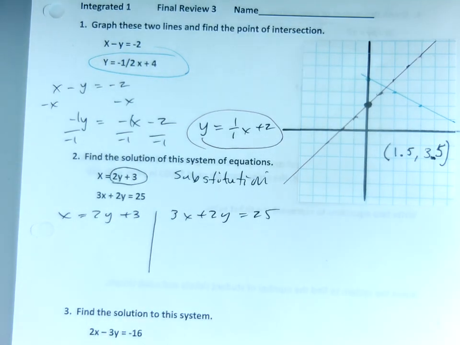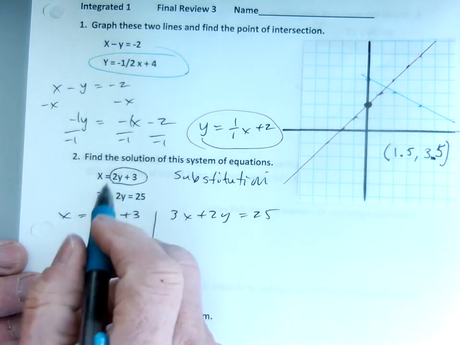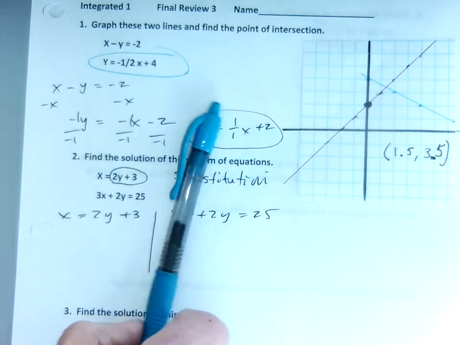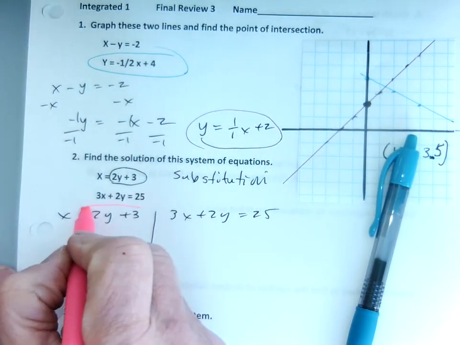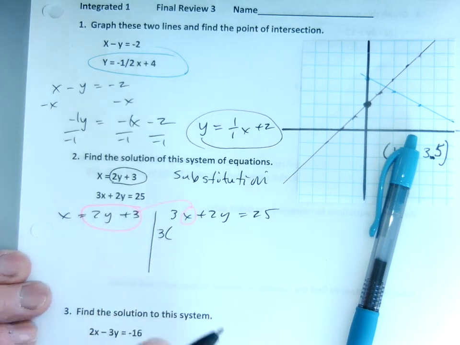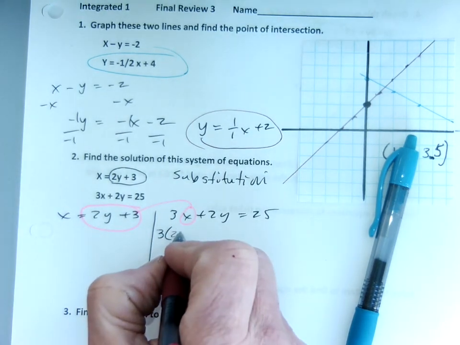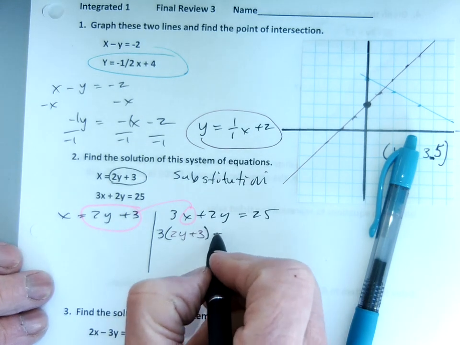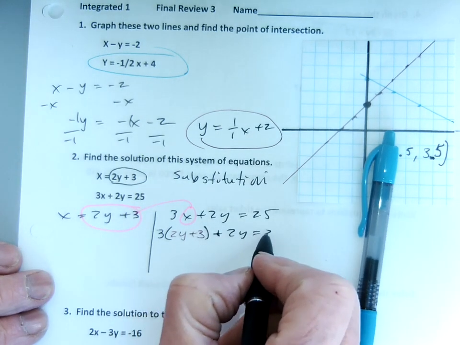So when I do substitution, I'm going to take then my, let me grab a different color. Colors are awesome. I'll take my 2y plus 3 and I'll put it in for x because that's what x equals. So I'll rewrite this equation as 3 times 2y plus 3, because that's the value of x, plus 2y equals 25.